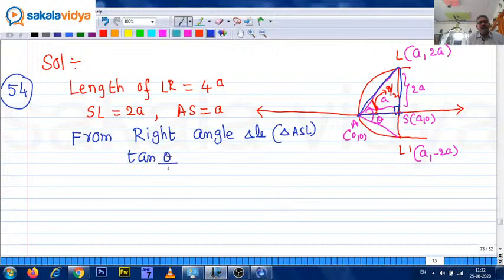Tan theta by 2 is equal to opposite side SL upon SA. SL is 2A upon SA is A, 2.